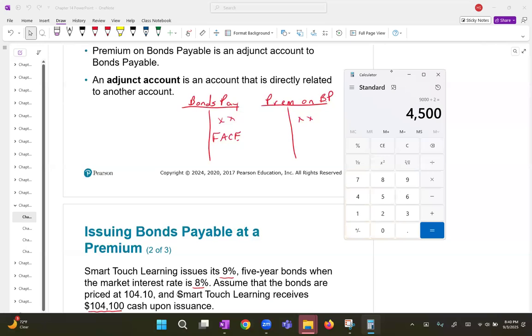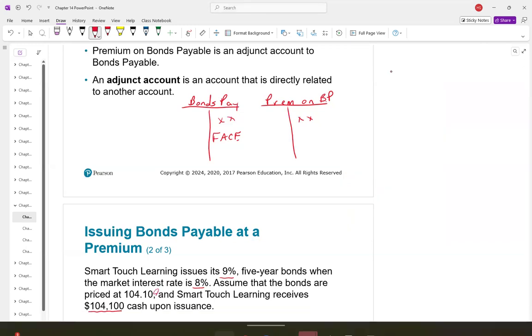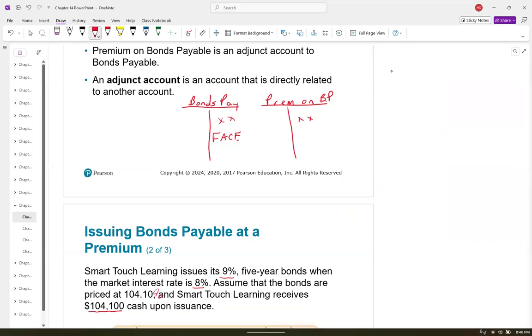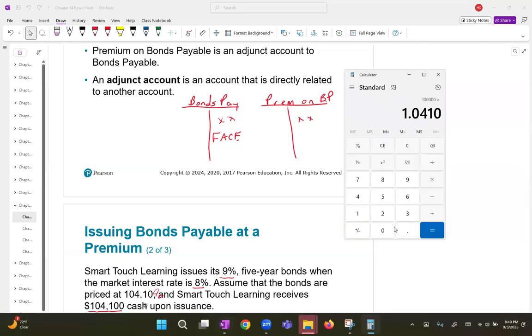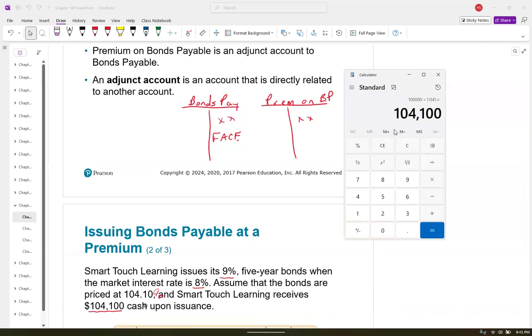They just gave us that number, but I just want you to say you take the face multiplied times 1.0410. Okay, it's kind of an understood percent sign right there, and that will help you do that if they give you that number. Okay, so there's 104,100. That is what our issue price is.